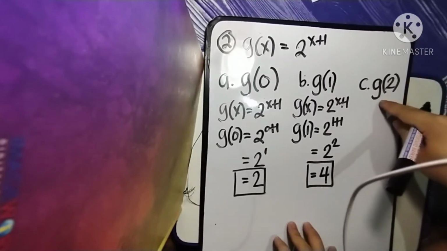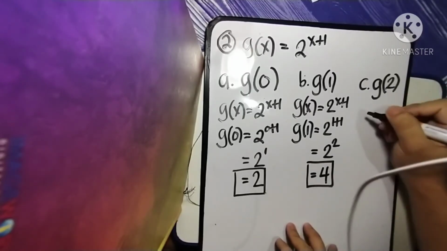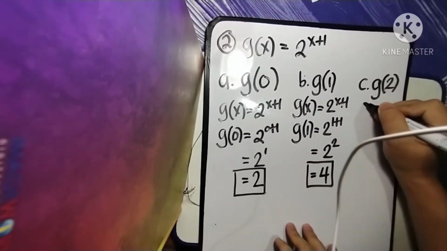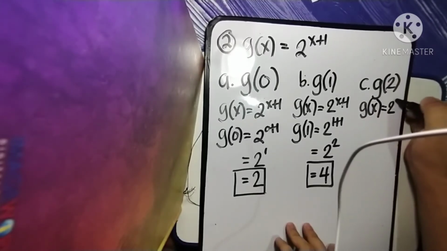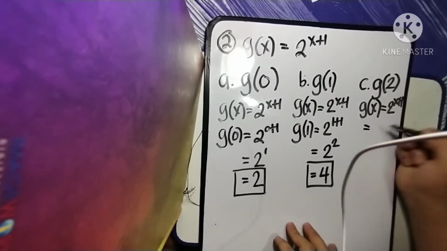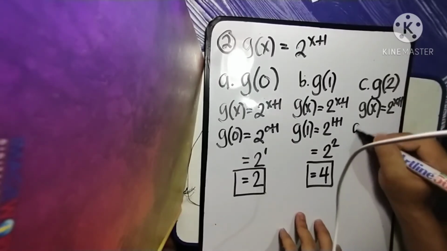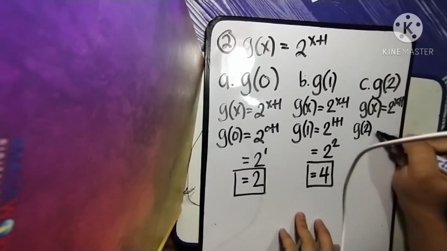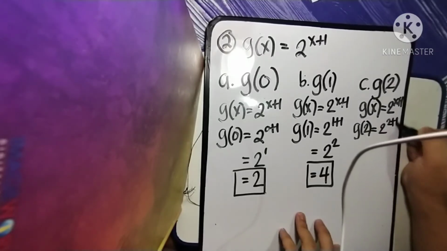Now, let us proceed with the next value of x, which is positive 2. So, same process. We have a given function g of x is equal to 2 to the power of x plus 1. Okay, then apply substitution. Okay, so we have g of positive 2 is equal to 2 to the power of 2 plus 1.